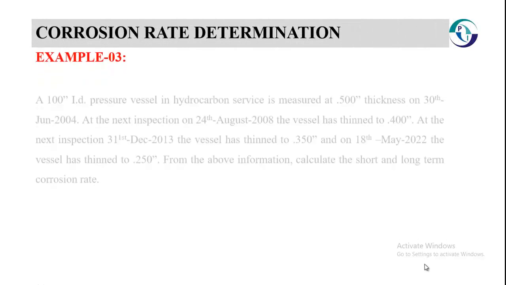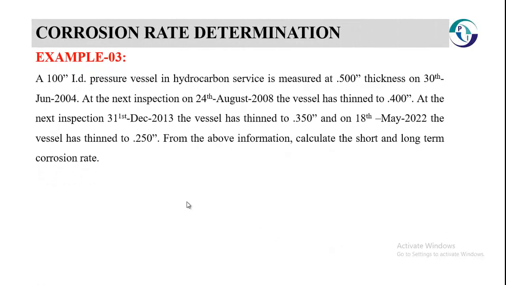Here is the third example. A 100-inch ID pressure vessel in hydrocarbon service measured at 0.500 thickness on 30th June 2004. This is our initial thickness. At the next inspection on 24th August 2008, the vessel has thinned to 0.400 inches.